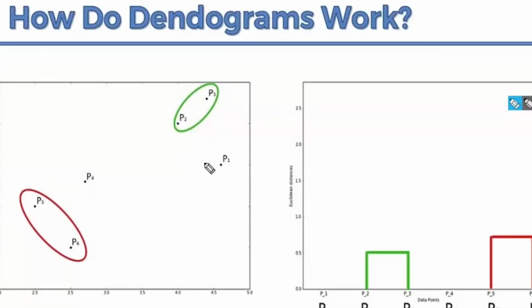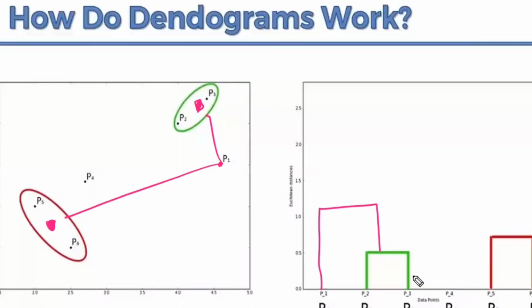Now, P1: is P1 close to this one or close to this one? To calculate it, first I will calculate the centroid, and from the centroid I will calculate the distance to P1. If P1 is very close to this one, I am going to add P1 to this one.